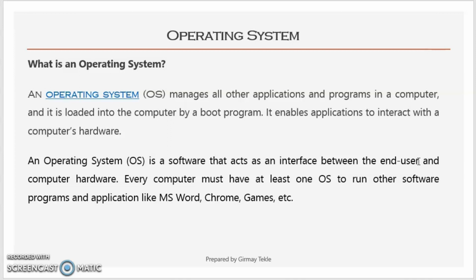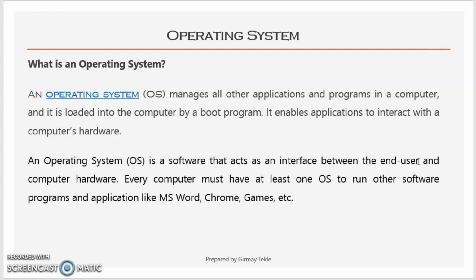So a machine must have an operating system, used to interact with the machine, to manage the hardware, the machine's resources, and the application programs that we run on the machine. All these are the roles of the operating system.